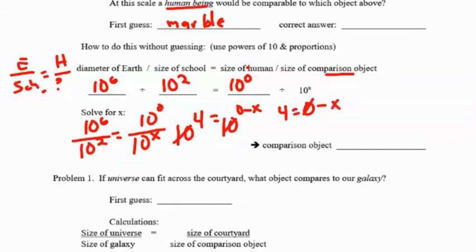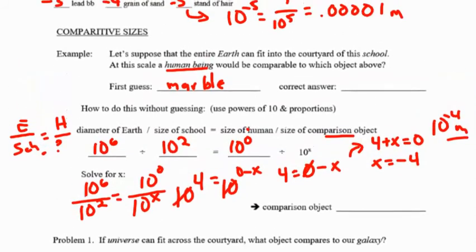So I'm going to solve for x. I'm going to bring the x to this side: 4 plus x equals 0. So x equals 0 minus 4, or negative 4. Our object is going to be 10 to the negative 4th meters in size. So what object is that?